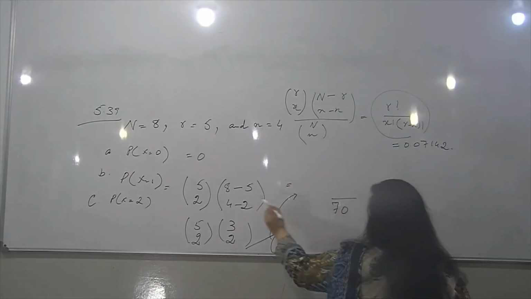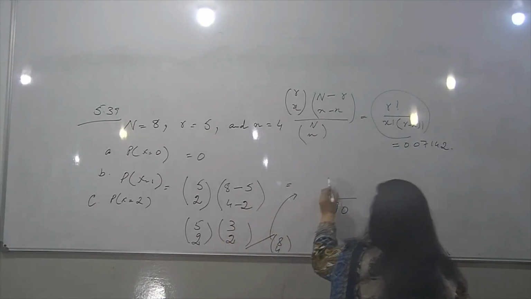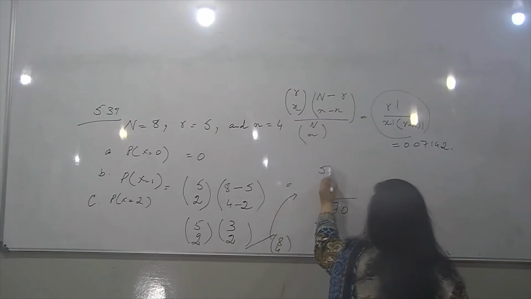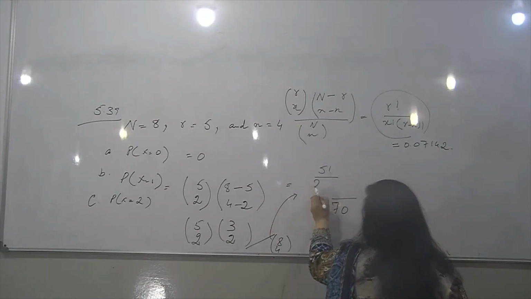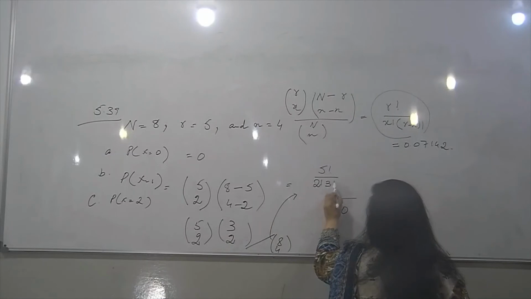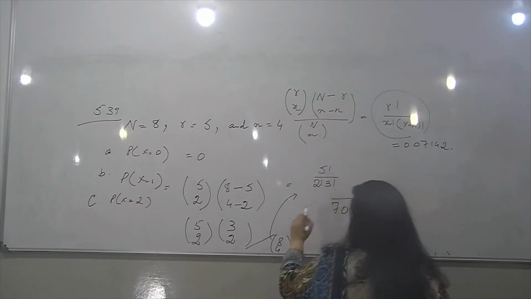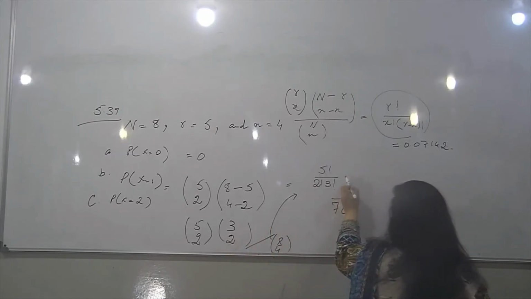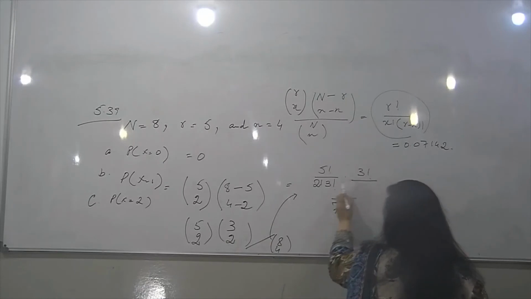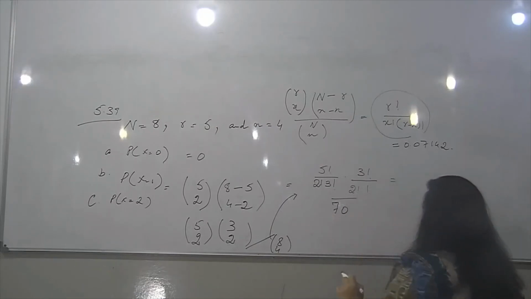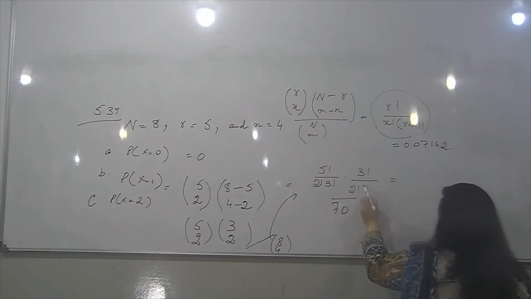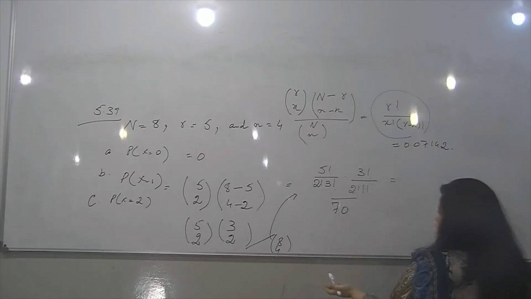And now I solve for this. So 5 factorial over 2 factorial into 3 factorial, which is actually 5 minus 2. And then we have 3 factorial over 2 factorial. 3 minus 2 is actually 1 factorial. Remember that I said we have 0 factorial as 1. So now we have 1 factorial is just 1 again.